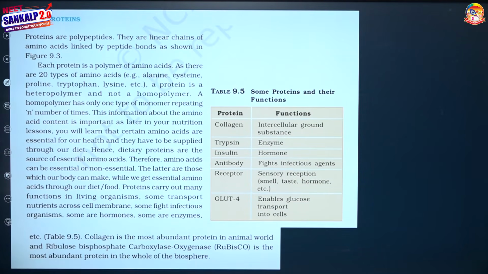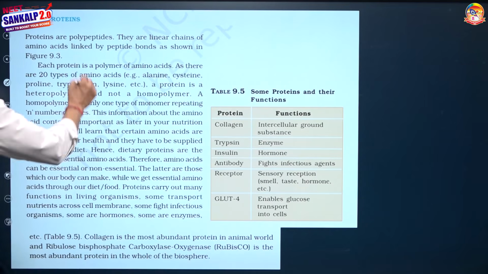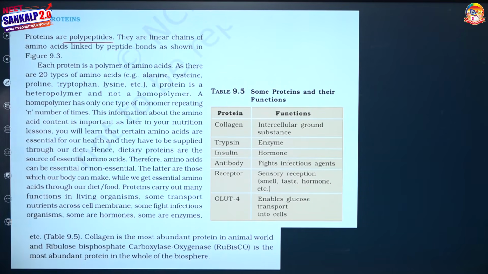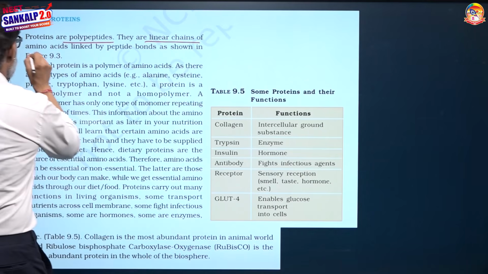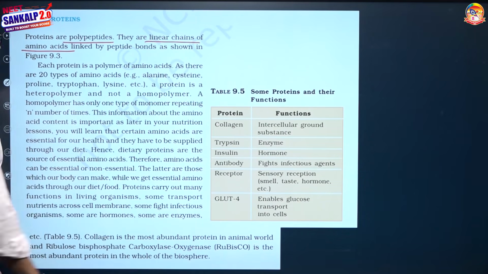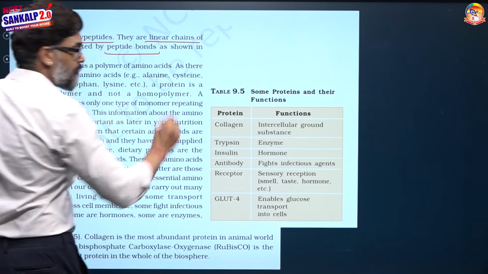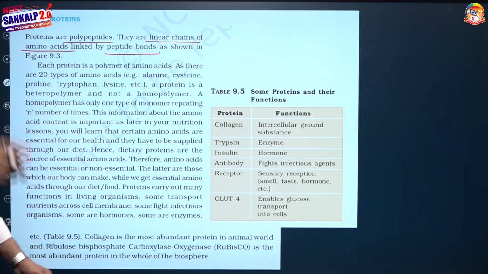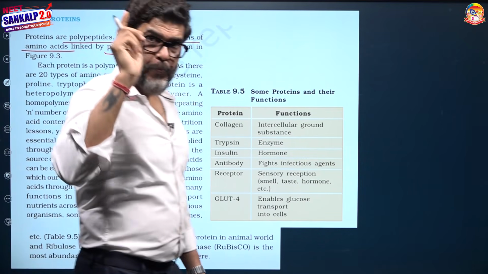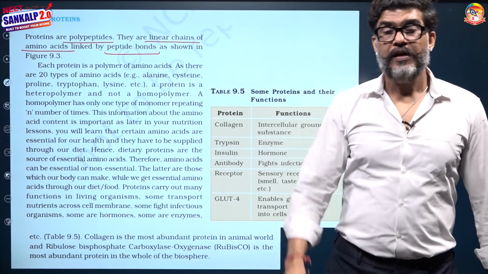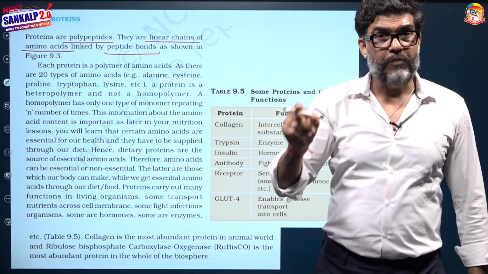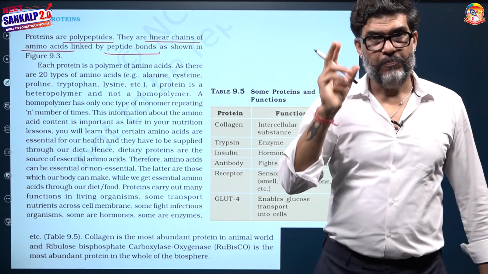First of all, they mention the proteins. Proteins are polypeptides. Proteins are linear chains of amino acids linked by peptide bond. Proteins are linear polymers, and in proteins the amino acids are held together by peptide bonds.